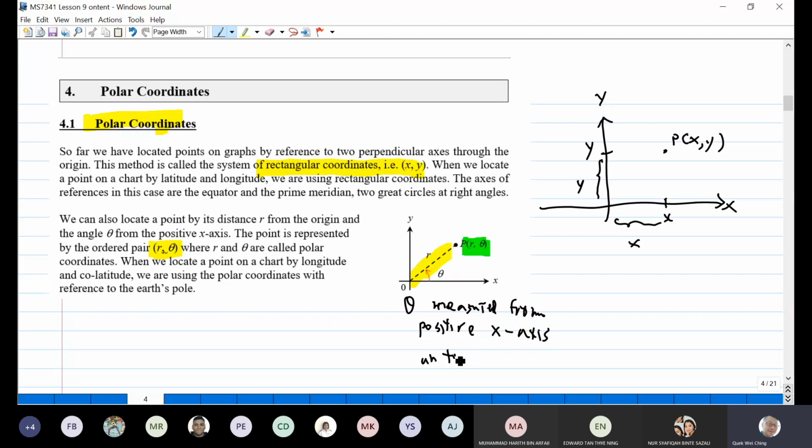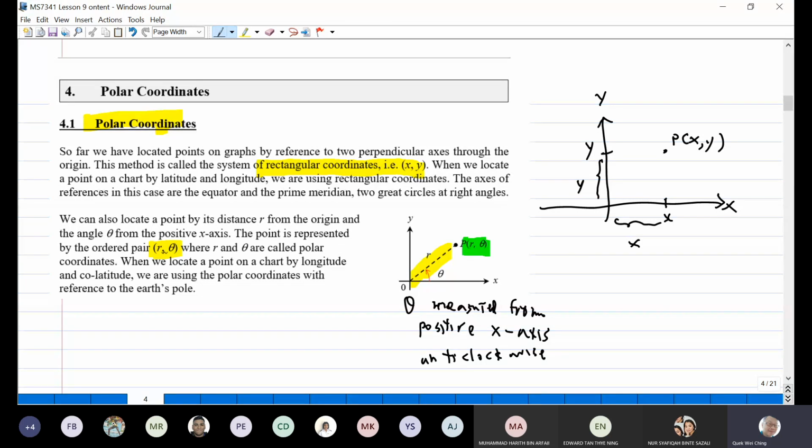So you can see the direction anti-clockwise there. So this is how to tell the location of a point. First, find out how far it is from the origin, and theta tells you the direction. So this is how we introduce the polar coordinates here.